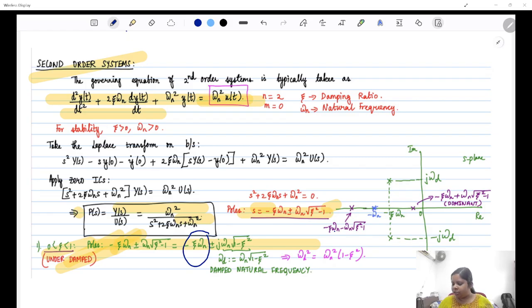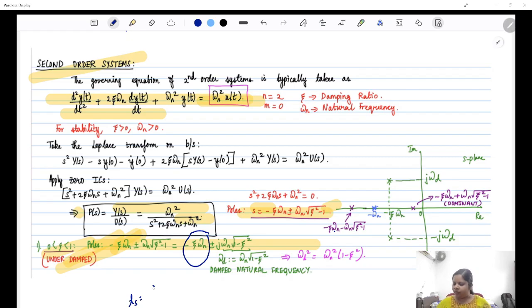Do you remember what is the formula of settling time? If I say for 2% criteria, is it zeta by 4 omega n, or 4 by zeta omega n?